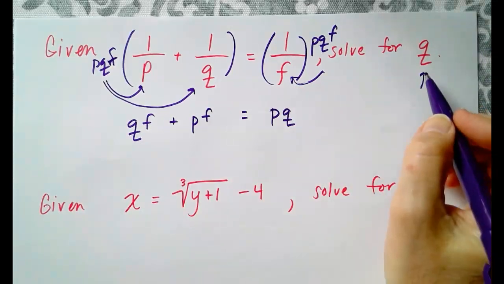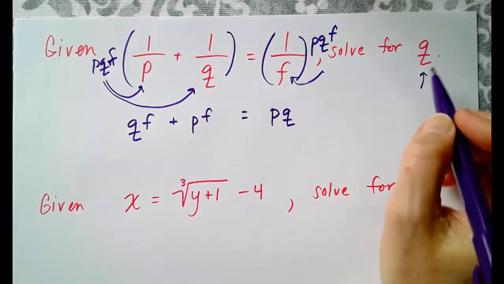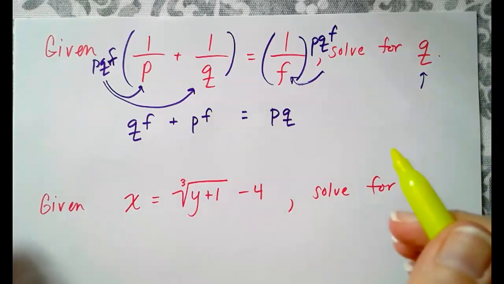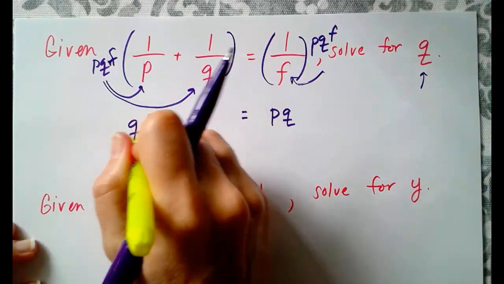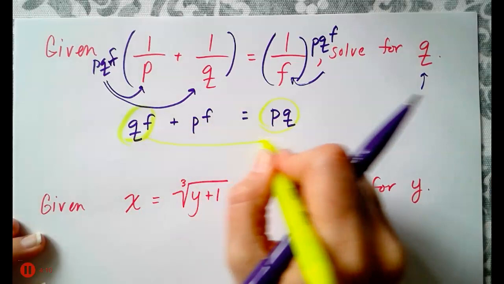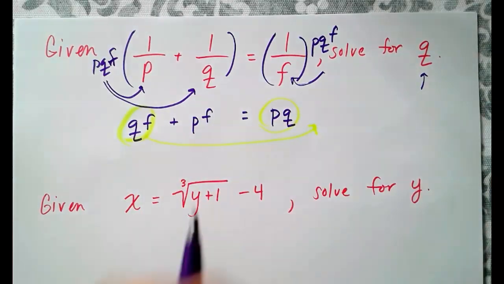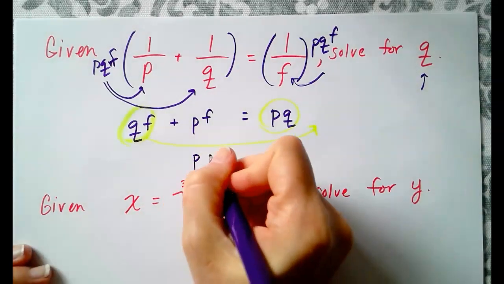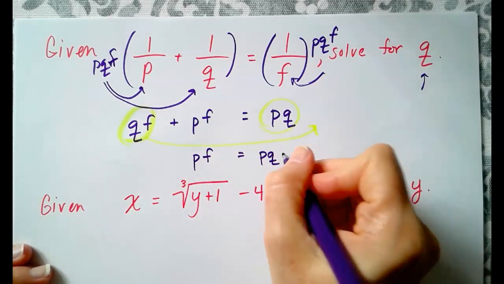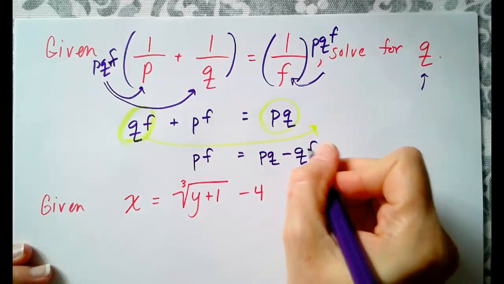So remember, we're trying to get the Q by itself. So we need to group together everything that has a Q. So these two terms need to be together. So I'm going to bring this term from the left over to the right. PF equals PQ minus QF.